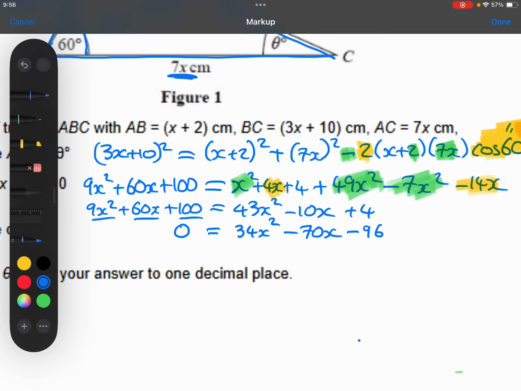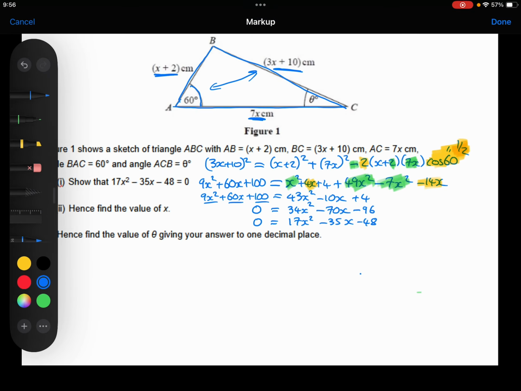And then I notice that I can divide all of those terms by 2 because they're all even. And that is what we needed to show. So that's my answer for part I.